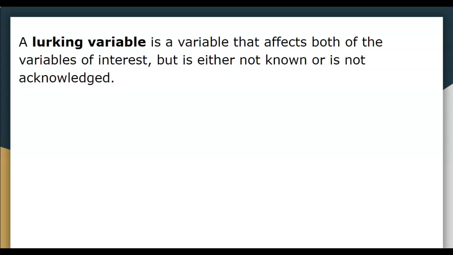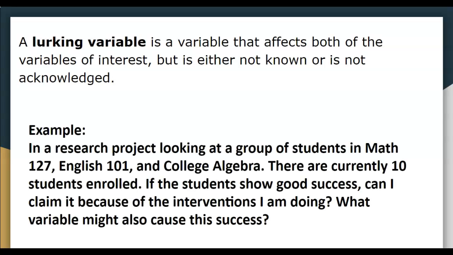Let's have an example. In a research project looking at a group of students in Math 127, English 101, and college algebra, there are currently 10 students enrolled. If the students show good success, can I claim it is because of the interventions I am doing? And what variable might also cause this success?